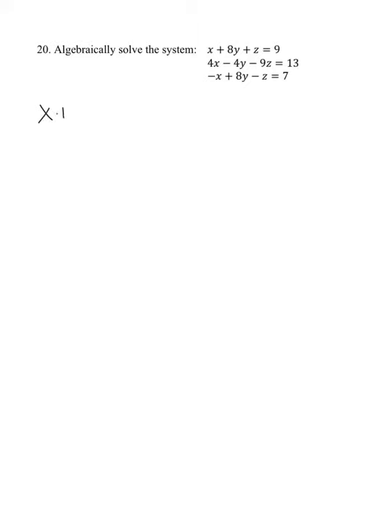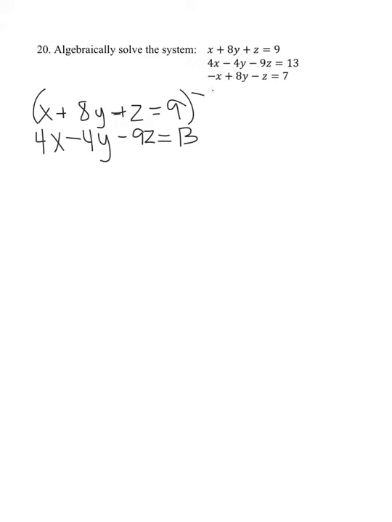X plus 8y plus z equals 9. So I'm going to do 1 and 2 first. So 4x minus 4y minus 9z is equal to 13. So if I multiply this first equation, again, I told you I want to get rid of x, by -4.